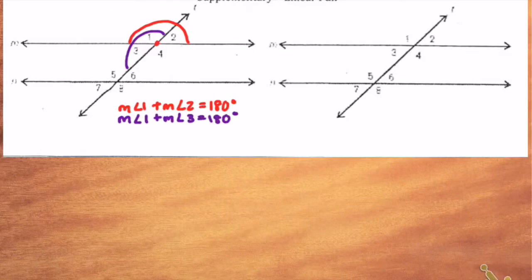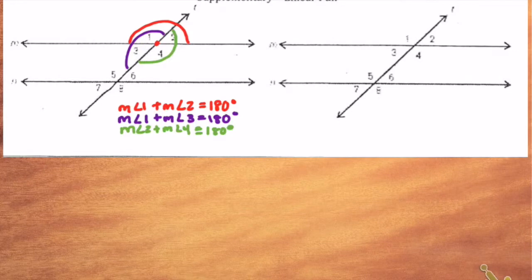And those are those adjacent pairs. We could see that same relationship between angle 2 and angle 4. We could say the measure of angle 2 plus the measure of angle 4 is equal to 180 degrees. So we have a lot of linear pairs here.